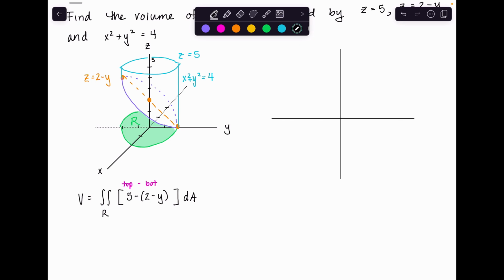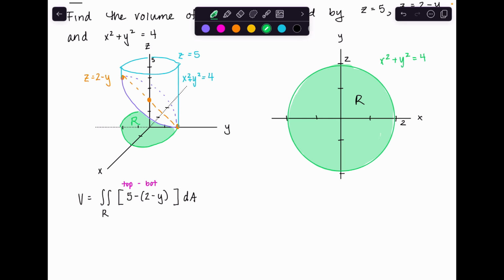So if we zoom in on the xy plane so I can figure out all of these bounds, we're never going to leave this circle of radius 2. Here is R. So we have the curve x squared plus y squared equals 4 to dictate what's going on.